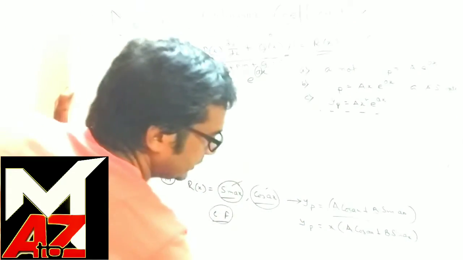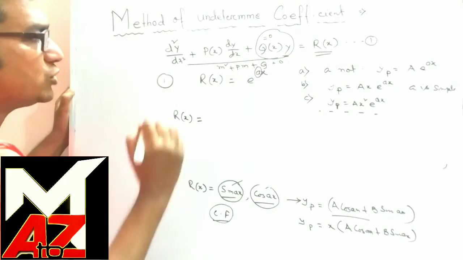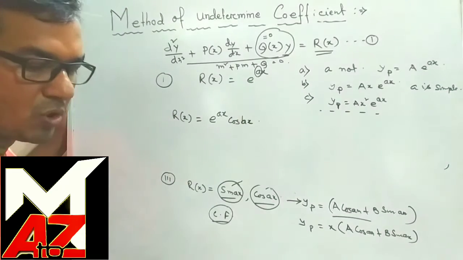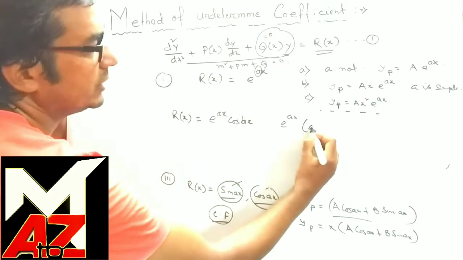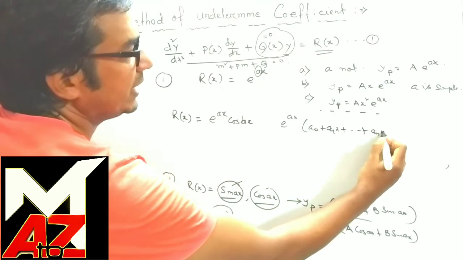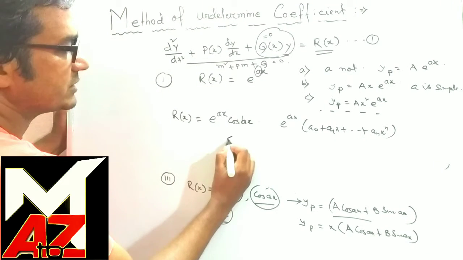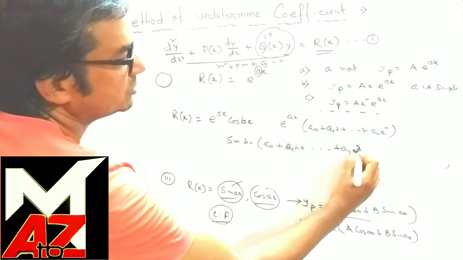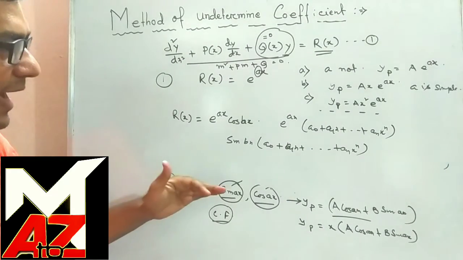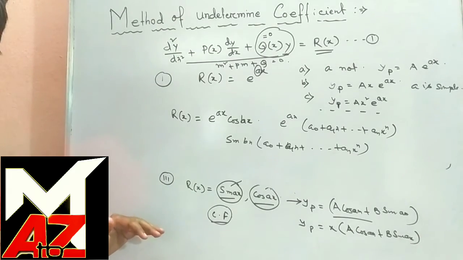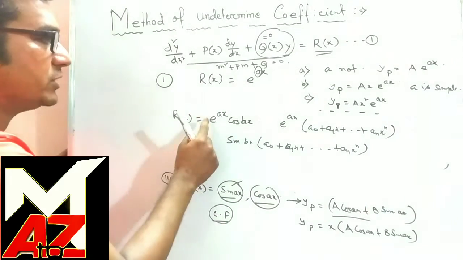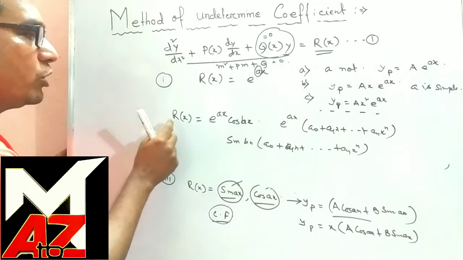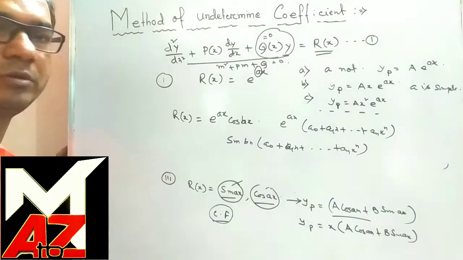Now, in a more complicated case, if r(x) is of the form e to the power ax into cos bx, or e to the power ax into (a0 plus a1x plus ... plus an x to the power n), or sin bx into (a0 plus a1x plus ... plus an x to the power n), then as in cases 1, 2 and 3, we multiply the yp for each factor, and multiplying both the yp, we get the modified yp for this r(x), and similarly for the others.